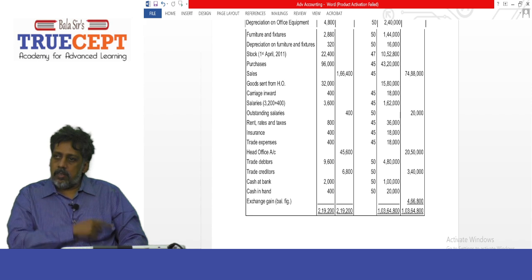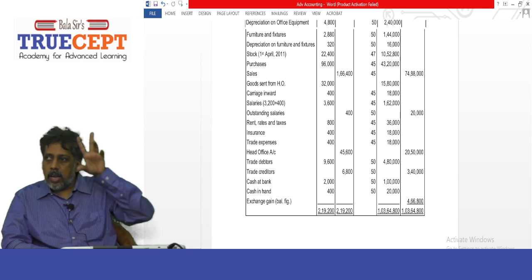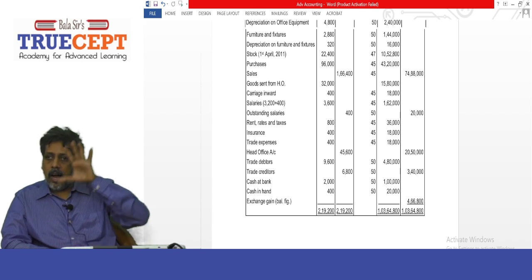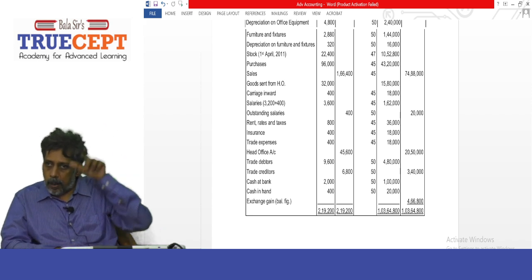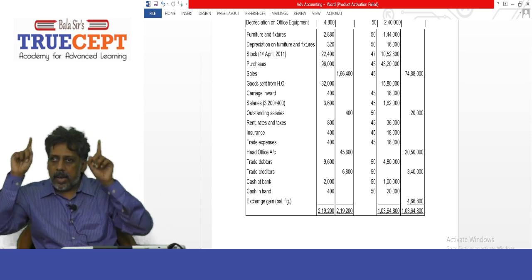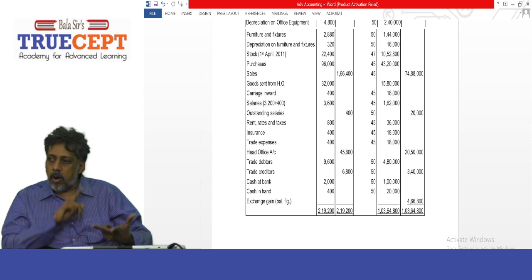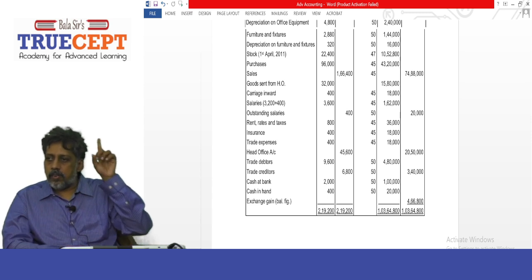Instead, the exchange loss or gain will be recognized as foreign currency translation reserve and shown in your balance sheet under the heading reserves and surplus. If it's a loss, FCTR in brackets, a debit balance. Otherwise, FCTR without brackets, a credit balance. Is that fine? And we don't recognize the exchange loss or gain in profit and loss account.